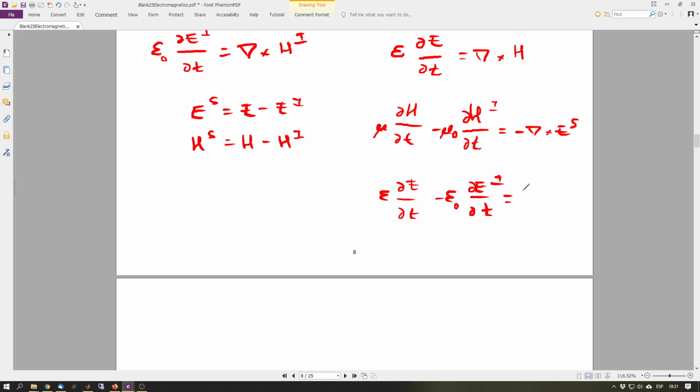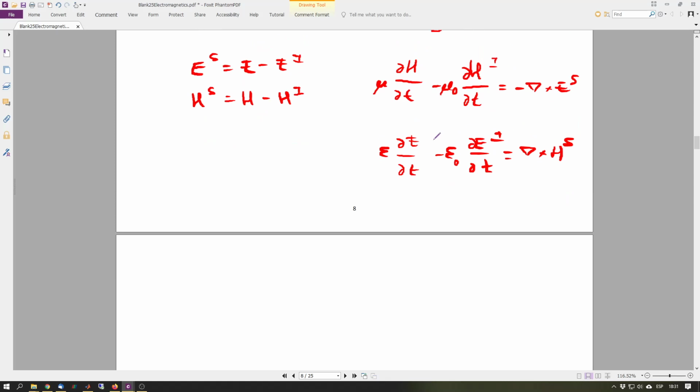for the incident field equal to the rotational of our magnetic scattered field, which is the difference of H minus Hi. Right? So we can further write as the sum here Hi minus Hs, and putting on the right hand side everything that is known. Right?